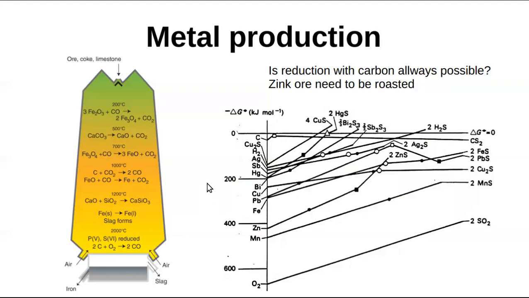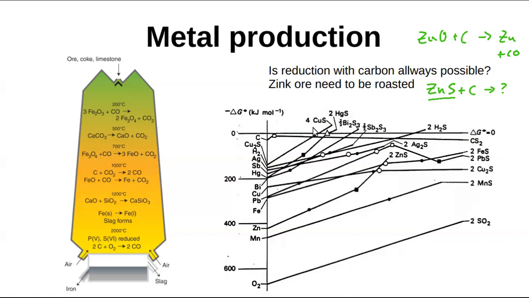Some metals are formed as sulfides, and you can draw these Ellingham diagrams also for sulfides and in general any compound. But you can't reduce zinc sulfide with carbon. You can reduce zinc oxide with carbon, that's no problem, plus carbon monoxide.